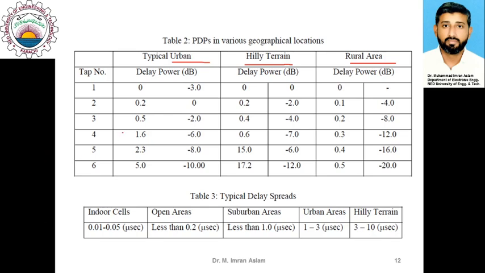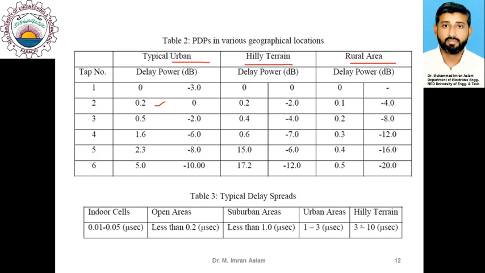So if you have an urban environment, you would see that the different delays are associated with different powers, which are listed here. Similarly, for hilly terrain, you can have a power delay profile here. Similarly, for rural areas, the typical delay profile is represented here.